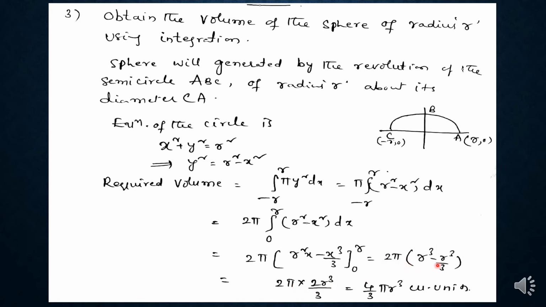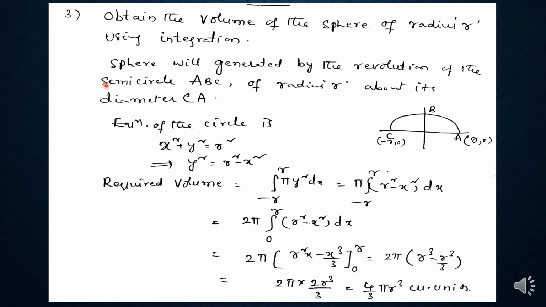By taking the LCM, we get (3r cubed minus r cubed) by 3, that is 2r cubed by 3. So 2 pi times 2r cubed by 3 is 4 by 3 pi r cubed cubic units. So this is the volume of a sphere with radius r: 4 by 3 pi r cubed.